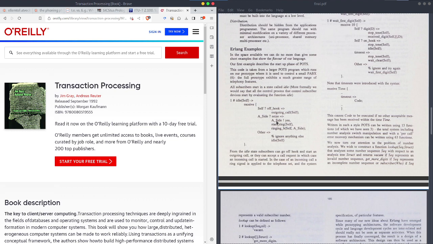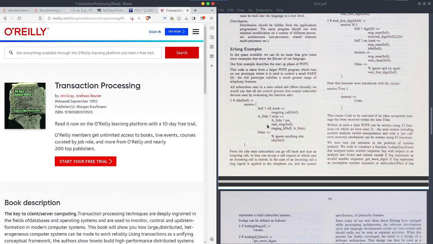But oh no, this is the same. We can also send messages directly to a process. Start ringing B, other, ignore anything else, dot self, and we loop.